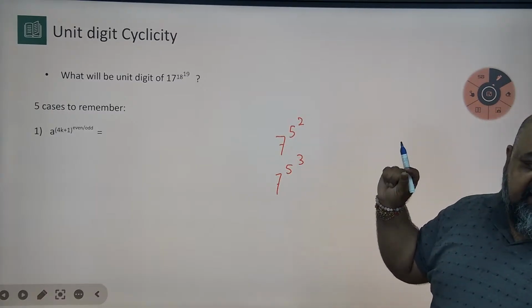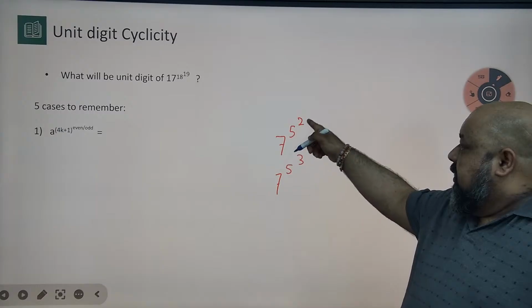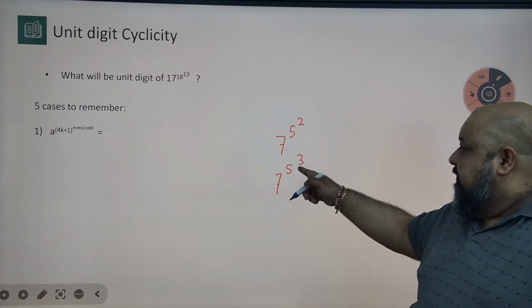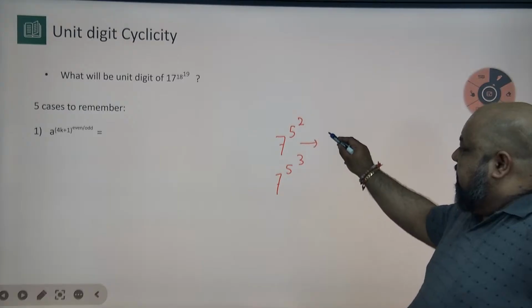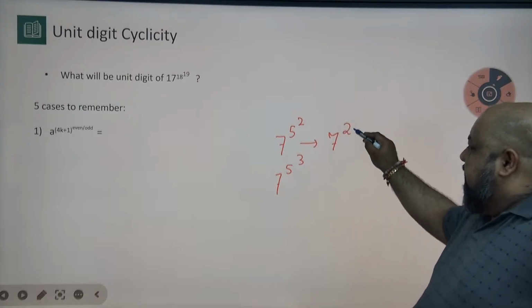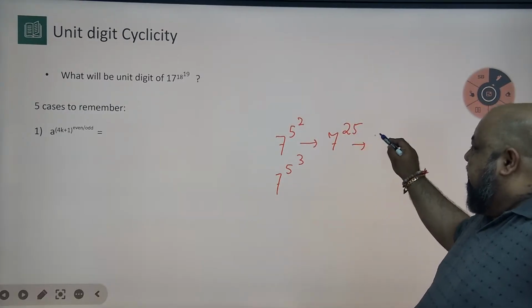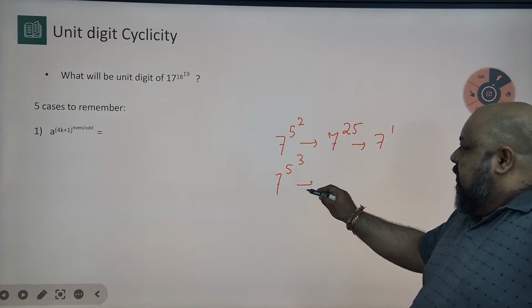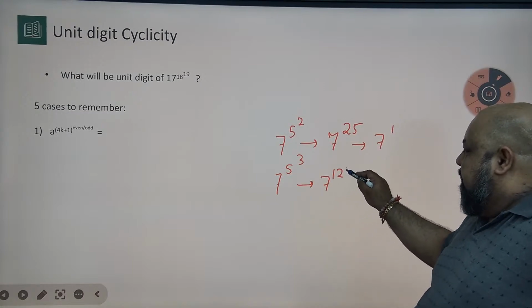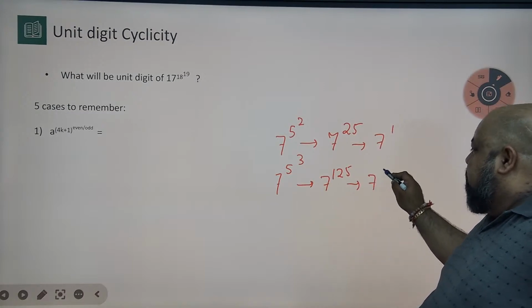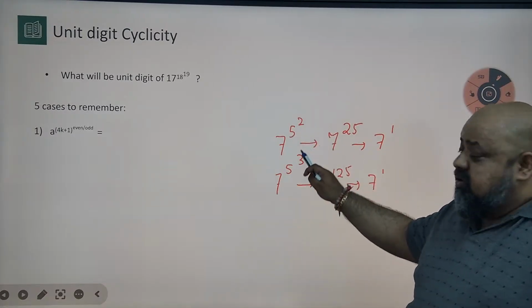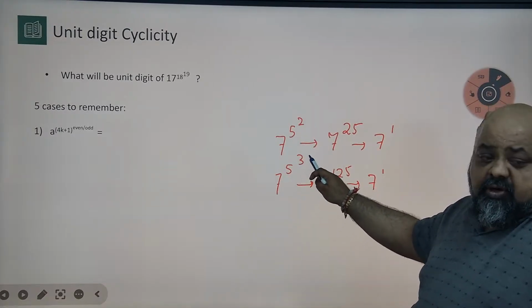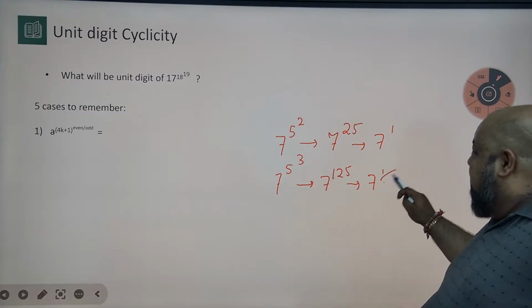So the first power divided by 4 leaves the remainder of 1, raised to power 2 or 5 raised to power 3. You will see that in both cases, 5 square is 25, divided by 4, remainder is 1. 5 cube is 125, divided by 4, remainder is 1. So whether it is 4k plus 1 raised to power even or 4k plus 1 raised to power odd, in both cases the remainder when divided by 4 will be 1.